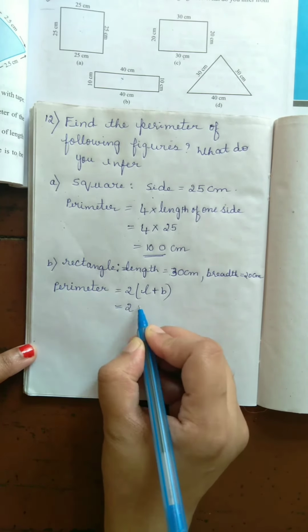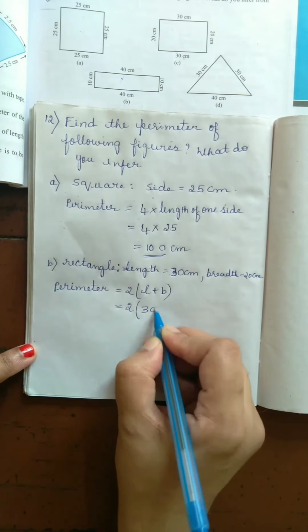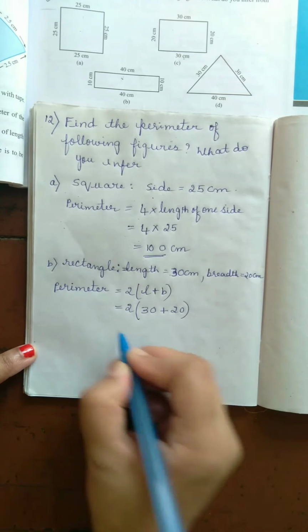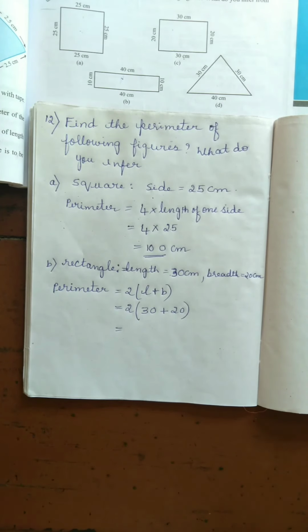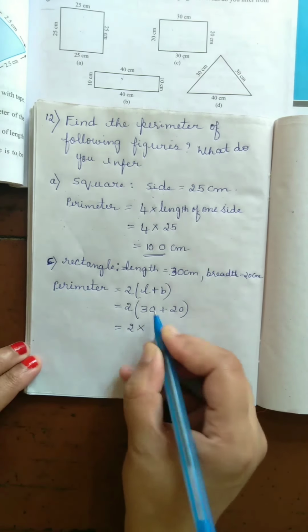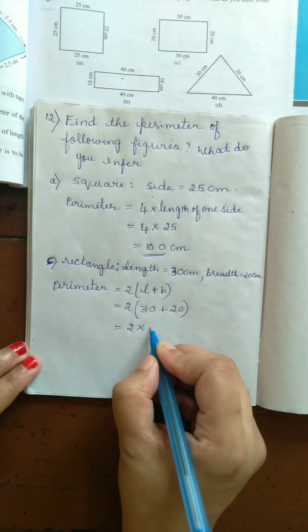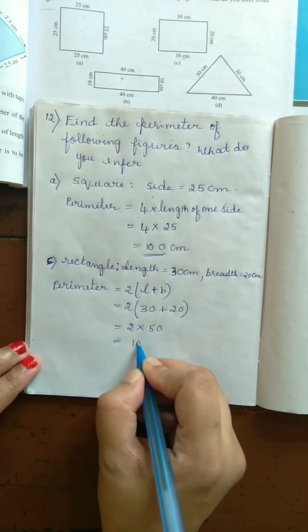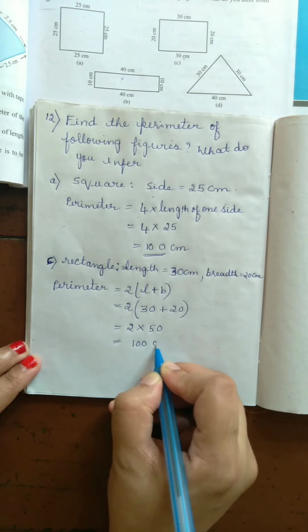Therefore 2 into the value of length is 30 plus the value of breadth is 20. Therefore, 2 into 30 plus 20, we will get the answer equal to 50. So, 50 into 2 or 2 into 50, the answer will be equal to 100 centimeter.